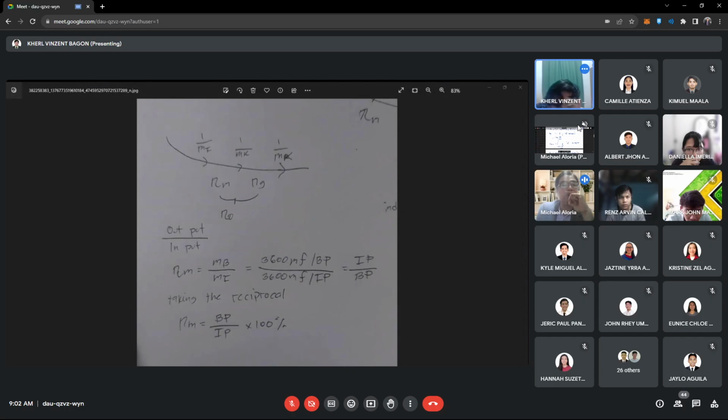Wait, read it again. The indicated fuel, the indicated specific fuel consumption pala. Then going through the brake specific fuel consumption.